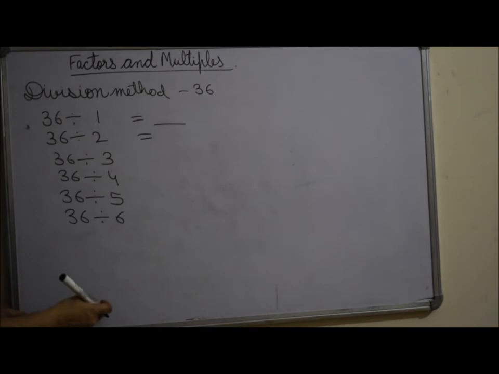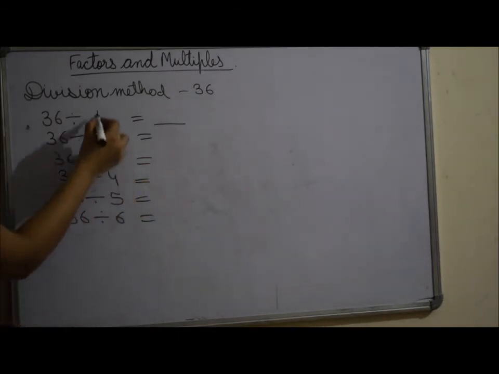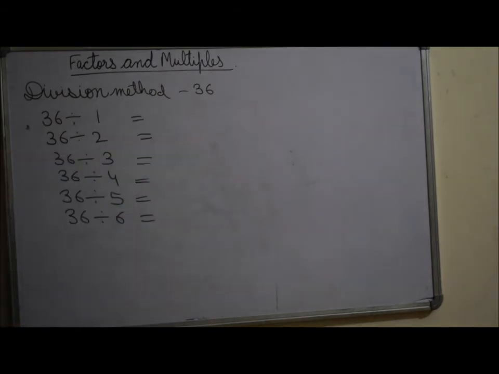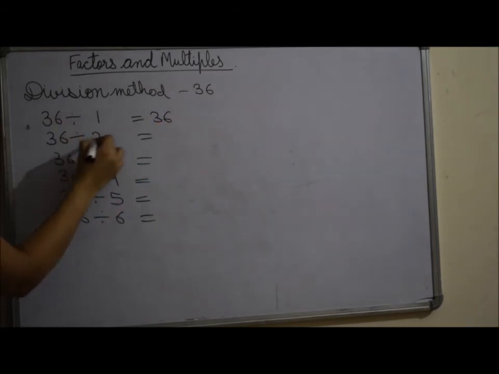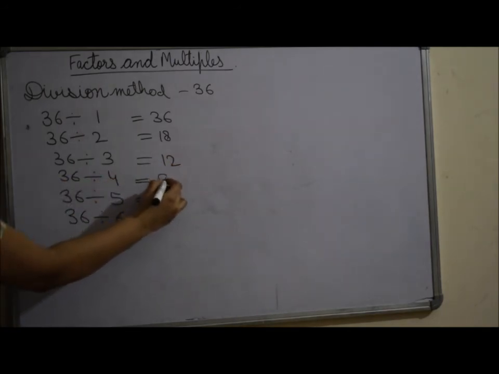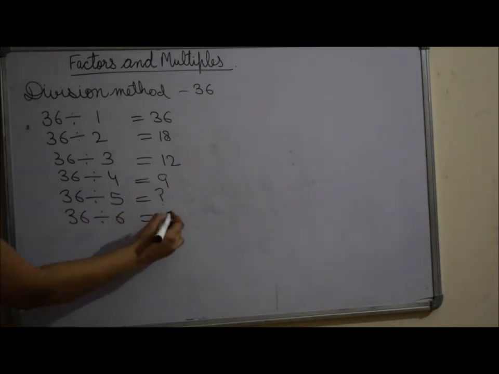Now till when? Till the time we start getting these numbers on this side of the equations. So 36 divided by 1 gives 36, 36 by 2 gives 18, 36 by 3 gives 12, 36 divided by 4 gives 9, 36 divided by 5 does not give any whole number, 36 divided by 6 gives 6. Now see, 6 is repeated here.